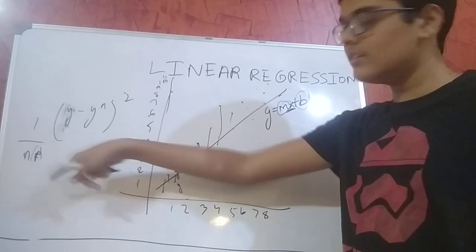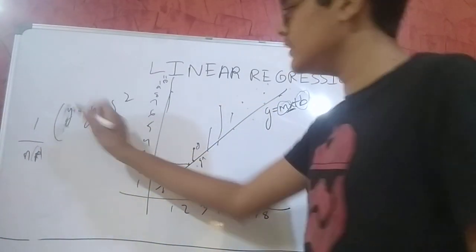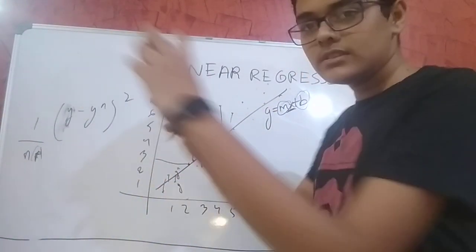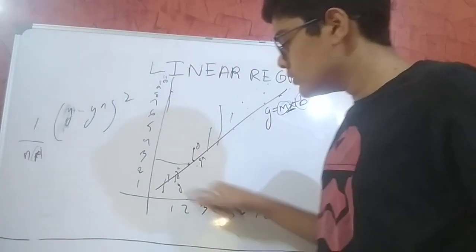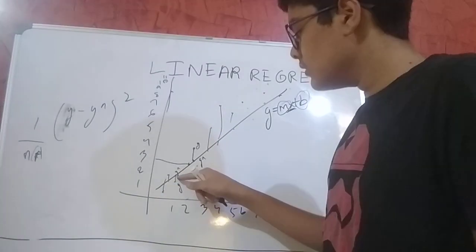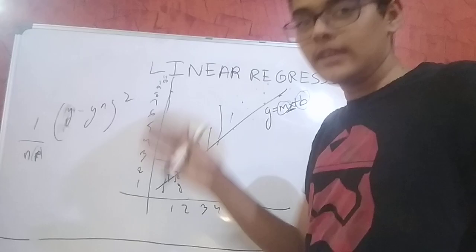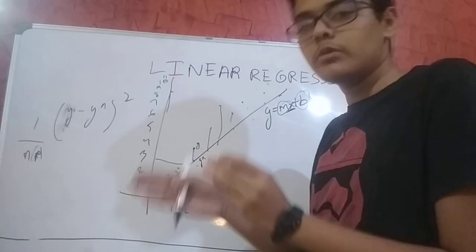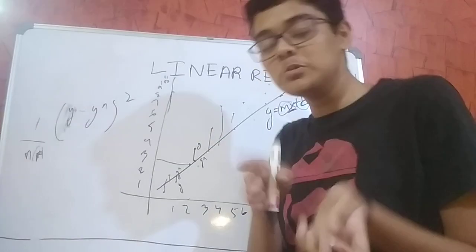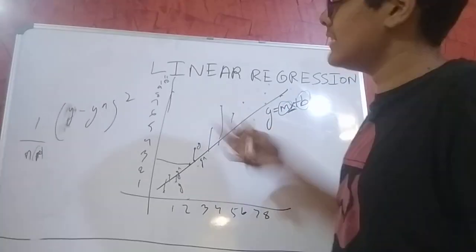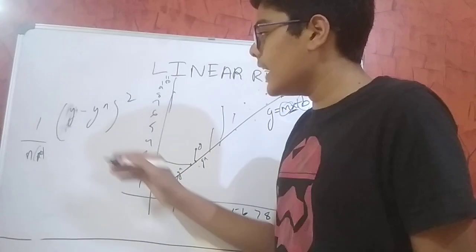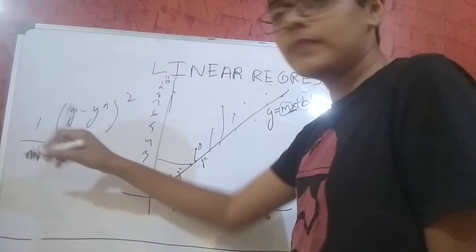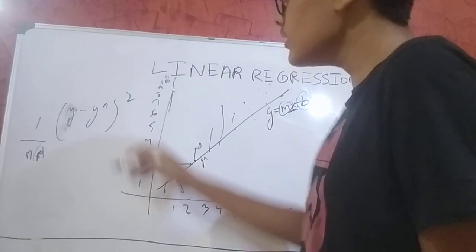So this is just taking the mean of all of these differences squared. So this distance will be probably 1, 0.5, 2, 2.5, all of that: 1 squared plus 2.5 squared plus 2 squared plus probably this seems like 3 squared, and all of that. And after you square it, you take the mean of that. So that's going to give you your loss.